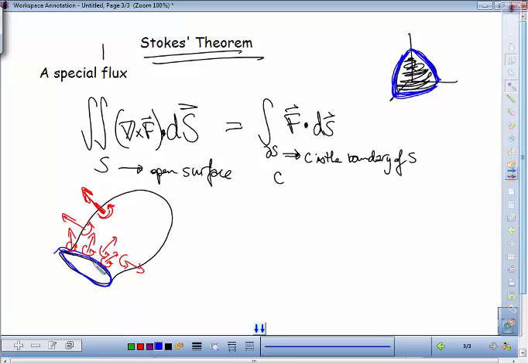So it looks like the orientation for my line integral will end up going this way. The right-hand rule: you take your fingers and wrap them around something, and the direction your fingers are going is the direction that you're moving along the surface, so to speak.